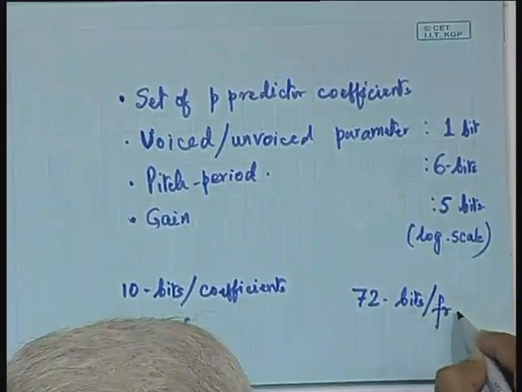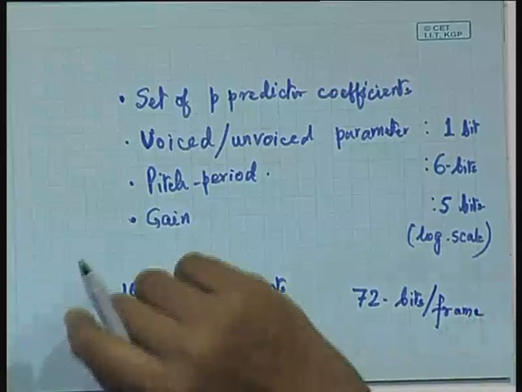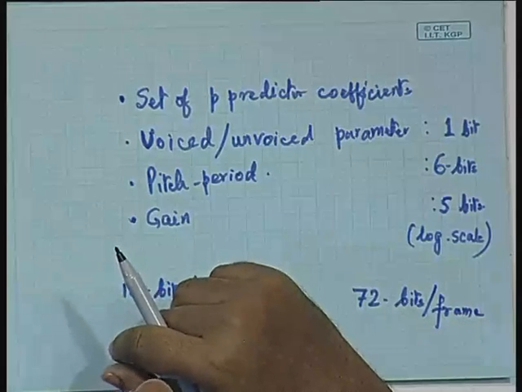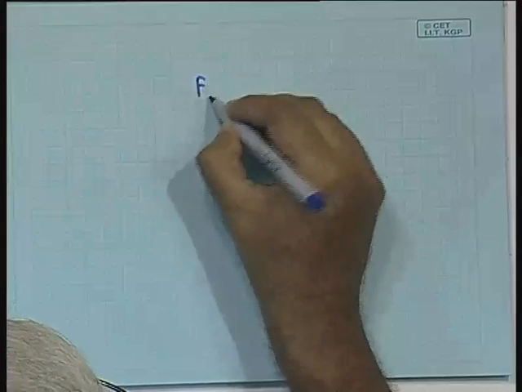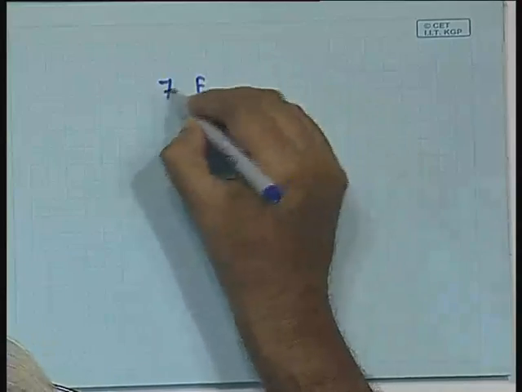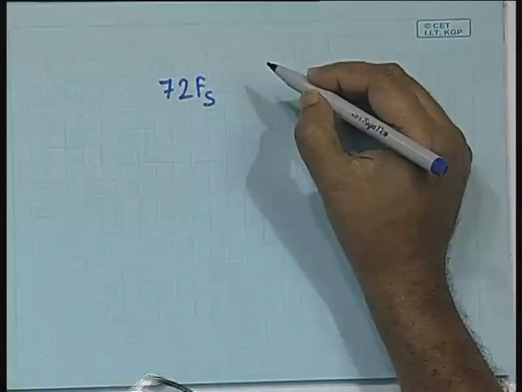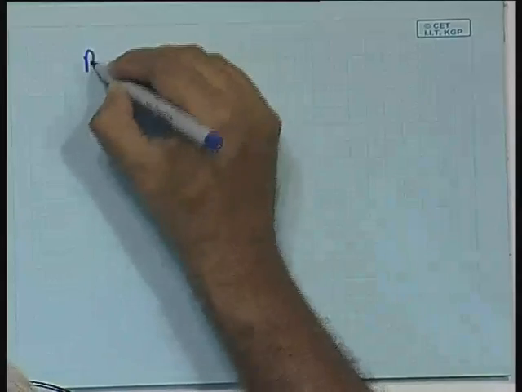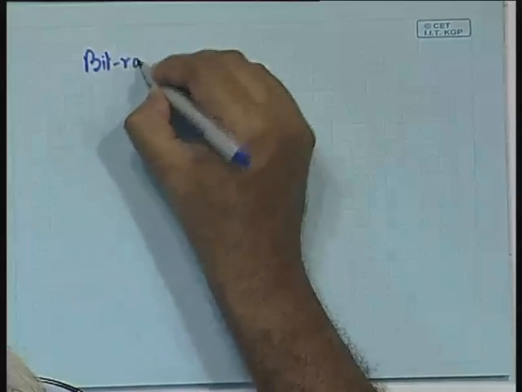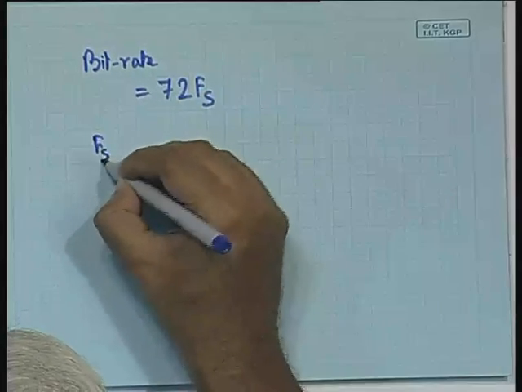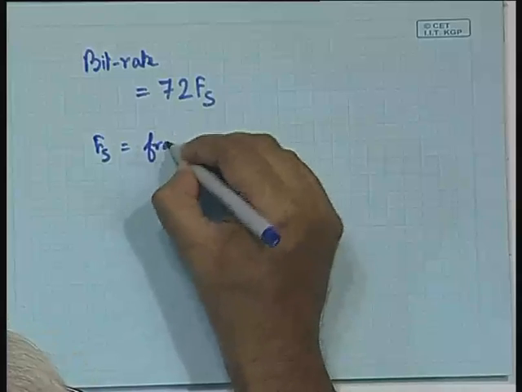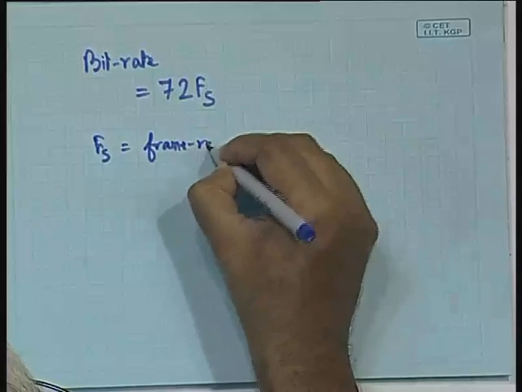So there will be 72 bits in one frame, and let us see what is going to be our frame rate. If we have a frame rate of, let us say, fs, in that case we are going to have 72 fs as our bit rate, where fs is the frame rate.